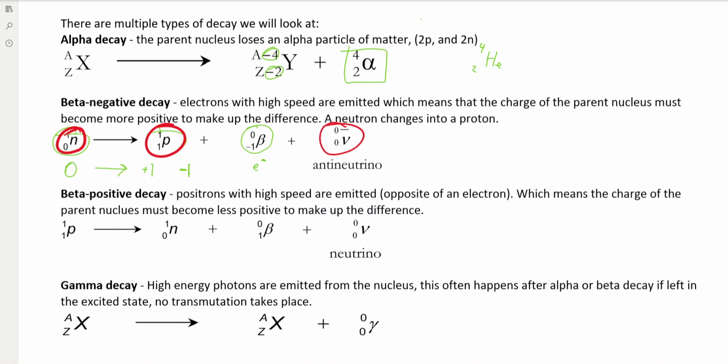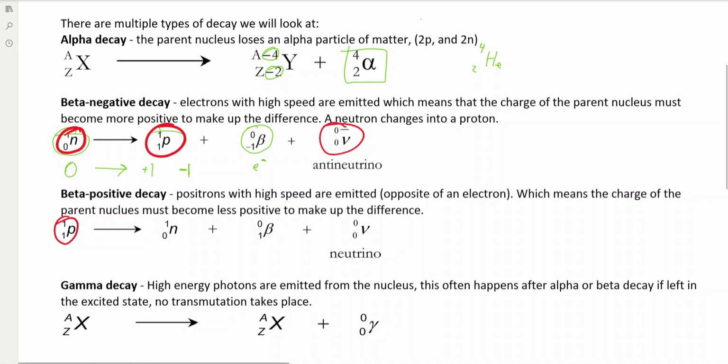I know that's not super clear, but we'll just leave it there. For the purposes of Physics 30, all you have to know is that it will be shooting this antineutrino with a beta negative decay. Beta positive is the opposite of this.